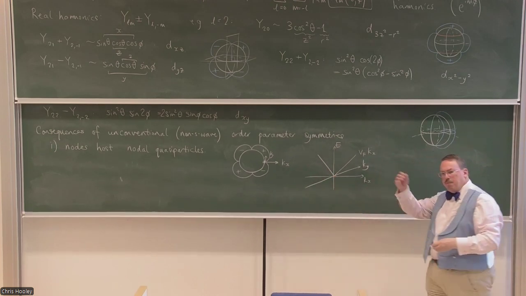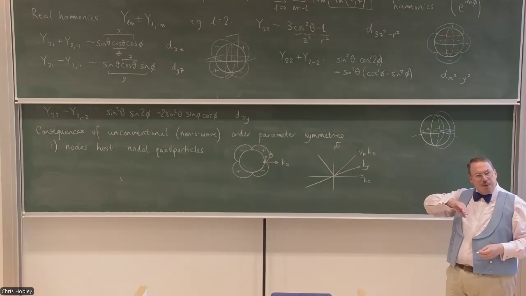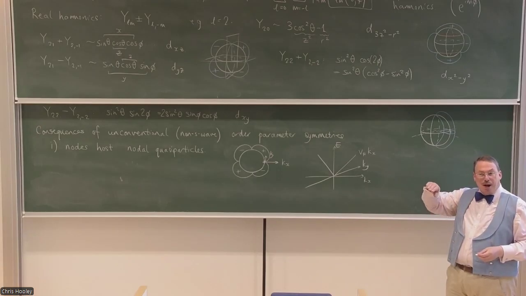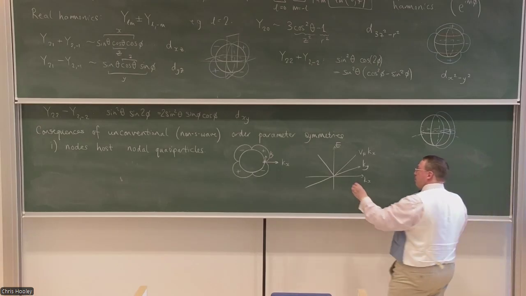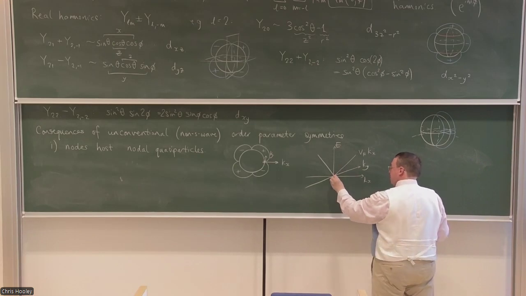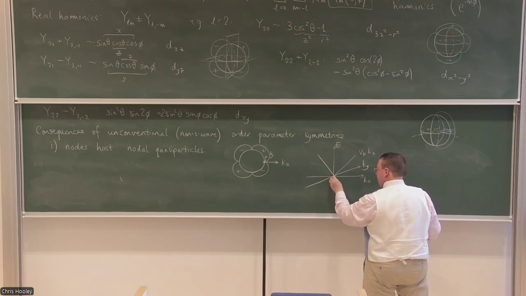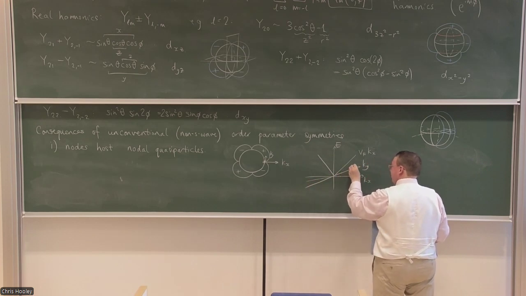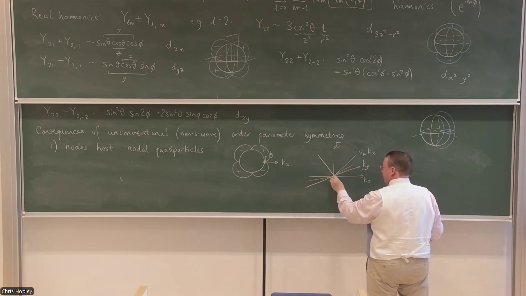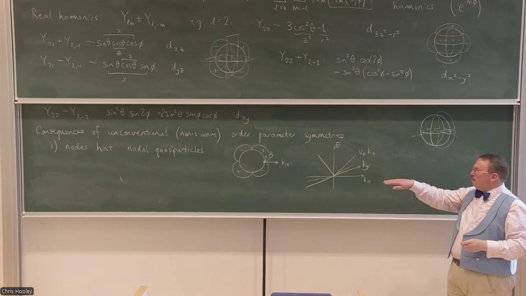But if I go in the Ky direction, a gap opens, but it opens because the superconducting order parameter is becoming non-zero. That's coming out of the board towards you. That's going into the board. So in that direction, it's much flatter.